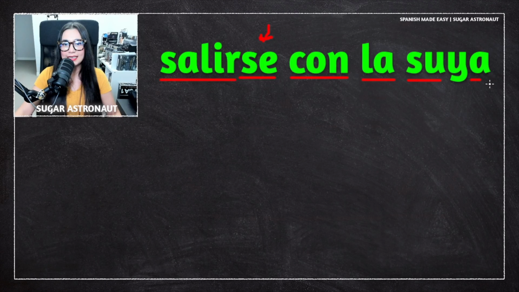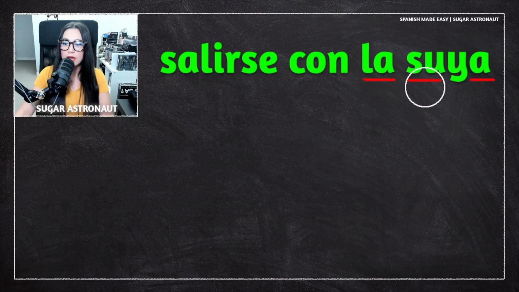Suya is like when you say hers, but it can mean his or her, also their or your, formal. So it has quite a few meanings. But we're not talking about some literal translation here. We're talking about the whole phrase.